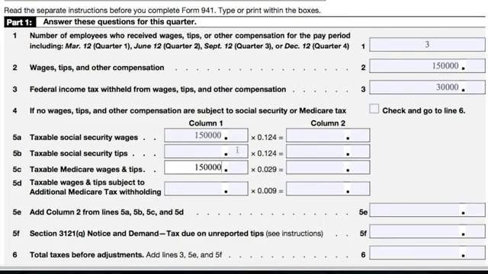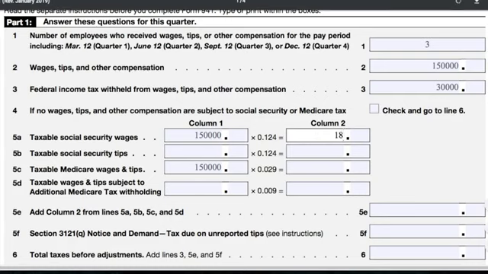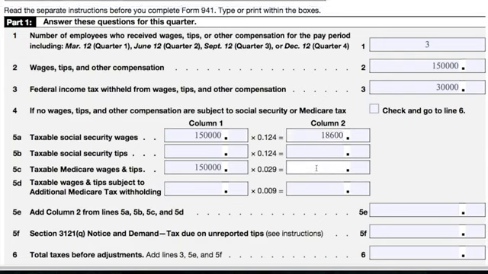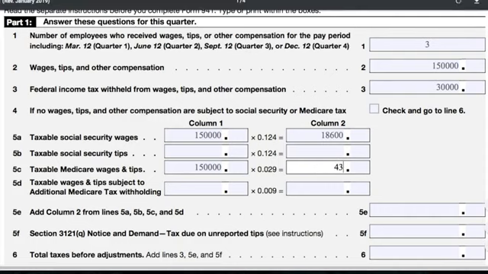Now, Social Security, Medicare, and Medicare surtax are 3 different tax rates, which the IRS has conveniently provided on the form here for you, so you simply have to do the multiplication. If I multiply $150,000 by 0.124, I get $18,600. And if I multiply $150,000 by 0.029, I get $4,350.